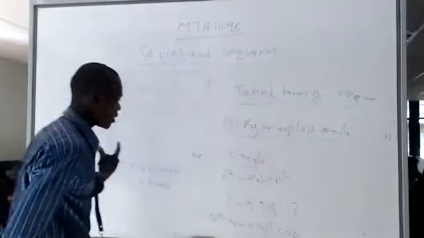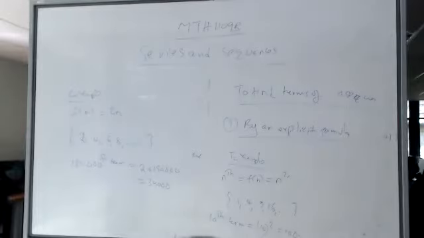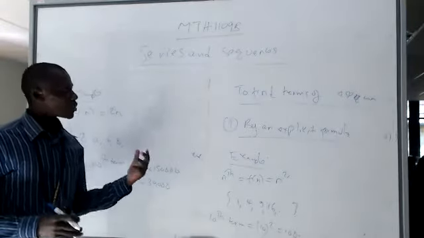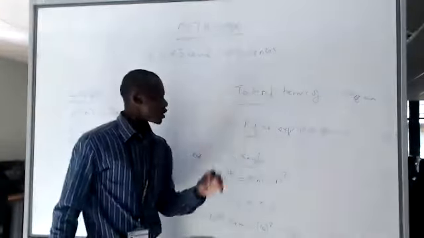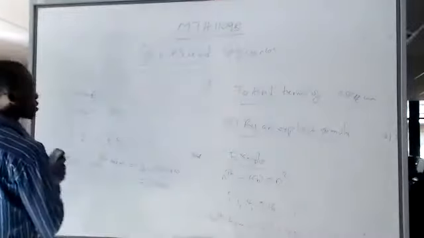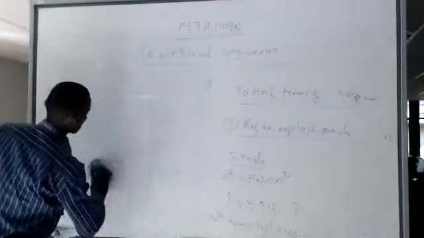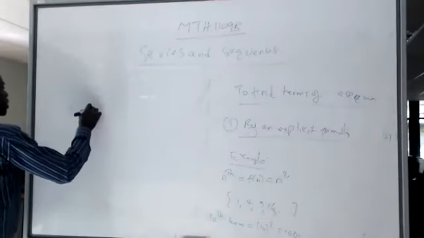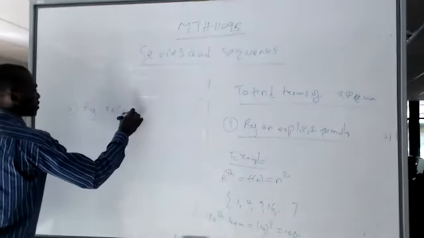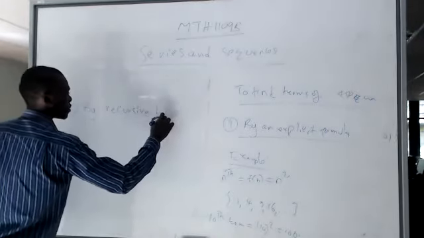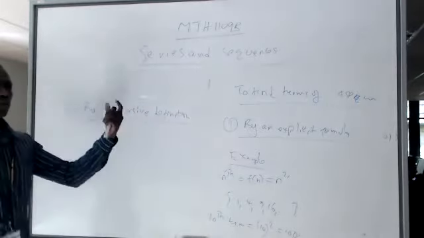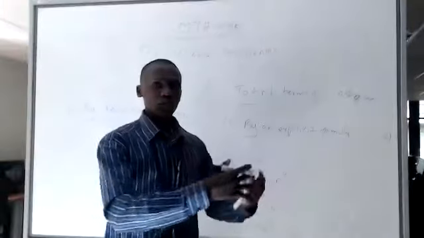But this is not always possible. There are some sequences which are very useful in real life, but we cannot have an explicit formula for them. So the second way of finding the terms of a sequence is by recursive definition. Now, recursive simply means every subsequent term depends on the preceding term.